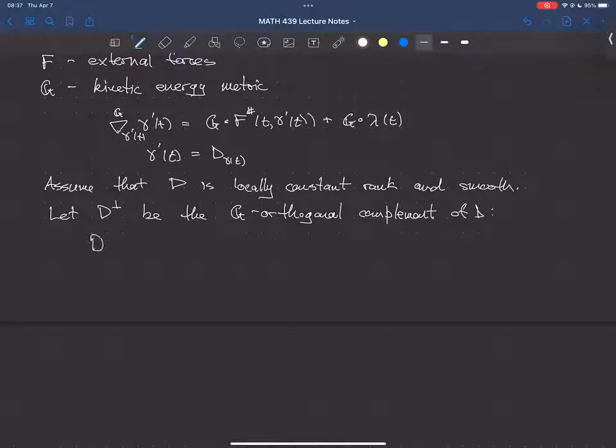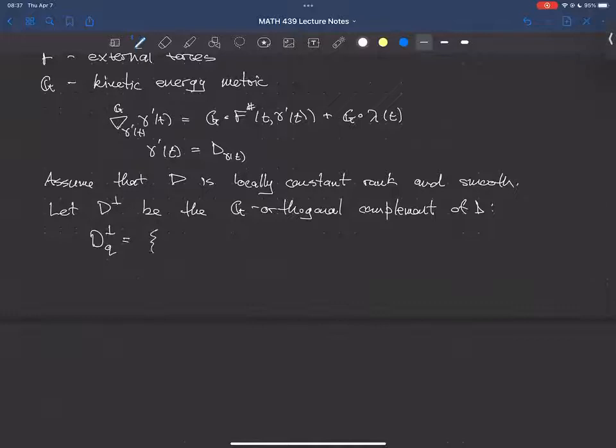Okay, so D perp is going to be a prescription at every point Q of a subspace, and it's simply going to be the vectors that are orthogonal to the vectors in D. Okay, so writing that down means that it's the set of VQs in TQQ such that G of VQ with UQ, so the inner product of a V with a U, is equal to 0 for every U in D.